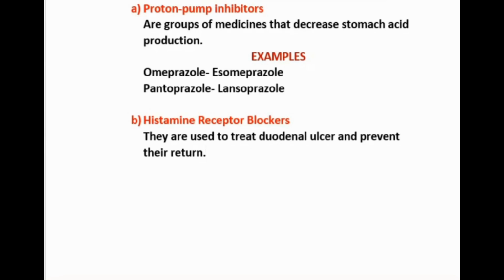So histamine receptor blockers are used to treat duodenal ulcer and prevent their return. Let us now see examples.